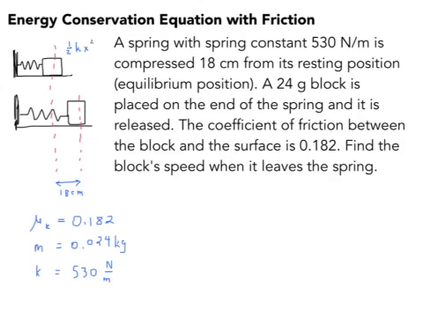And at the end, all we have is 1/2 mv squared, because the spring is not compressed, there's no spring energy. This whole process occurs at the same height, so there's no gravitational potential energy to worry about. We could just say that whatever height it's at is the zero level.